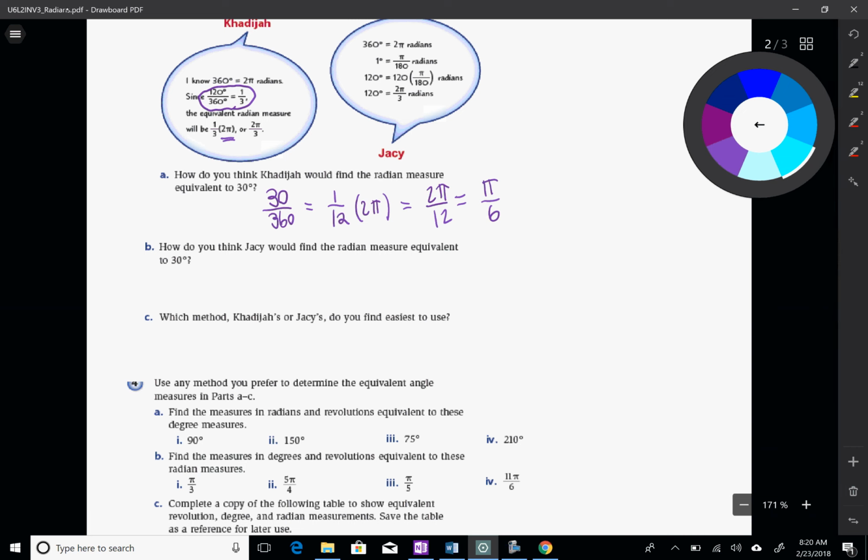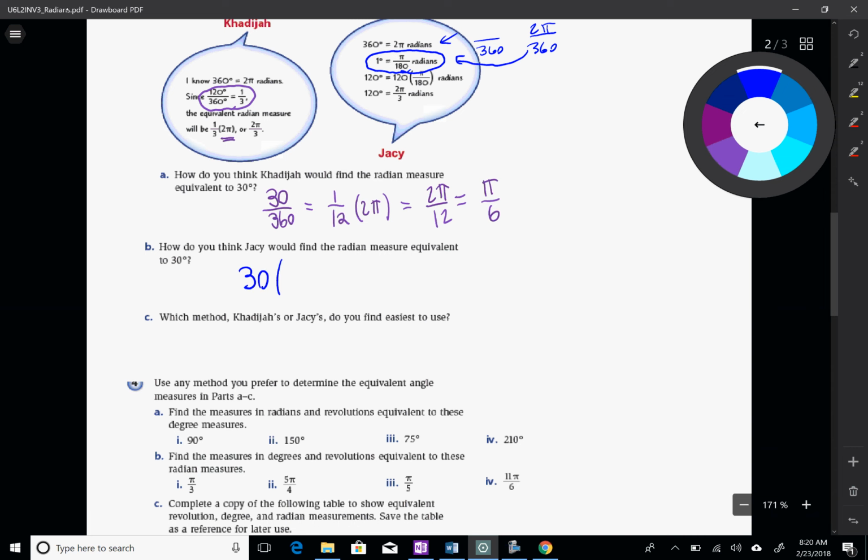Now, JC, on the other hand, uses the fact that 1 degree is equal to pi over 180 radians. She's just taking the original equation and dividing both sides by 360, and 2 pi over 360 simplifies to pi over 180. So JC would take 30 degrees and multiply by this pi over 180 unit conversion. She'd get 30 pi over 180.